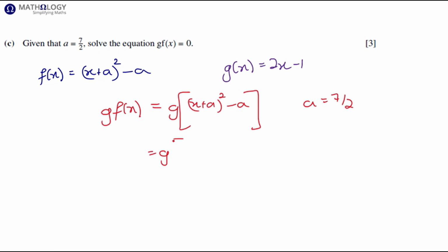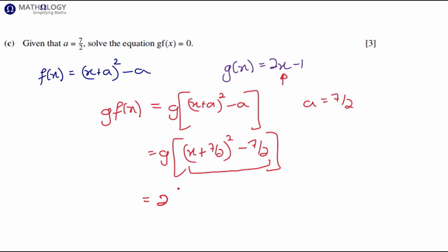So that'll be g of (x plus 7 over 2) all squared minus 7 over 2. Now, g of that expression, wherever we see an x in g of x, we're going to substitute it with that expression. So we're going to have 2 times (x plus 7 over 2) all squared minus 7 over 2, and then minus 1.